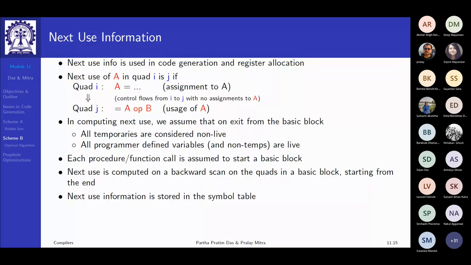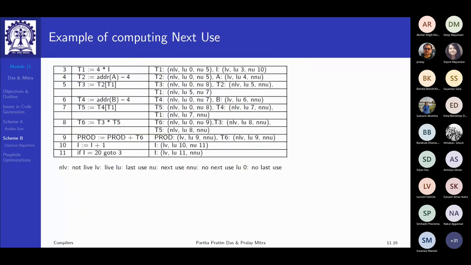Because you know at the end of the basic block what is live, you know their possible next use, and you come backwards from that point. This information can be stored, annotated on the symbol table itself. Right. So this is the next use information, which is important. Let us take an example to see how to compute this.